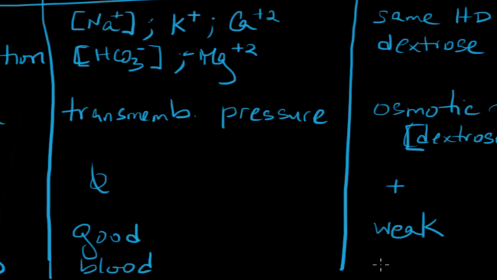With PD, you don't need any blood access whatsoever, because all you're doing is inserting a catheter into the abdomen and instilling fluid into the peritoneal space. There's no need to access blood. So all of those complications that come with blood access are virtually absent in peritoneal dialysis.